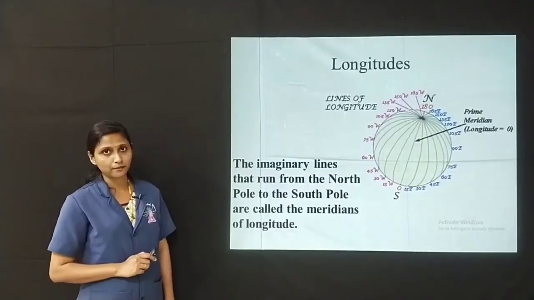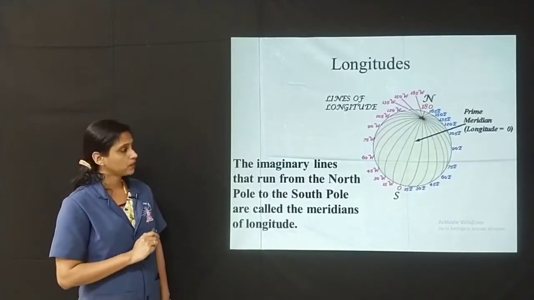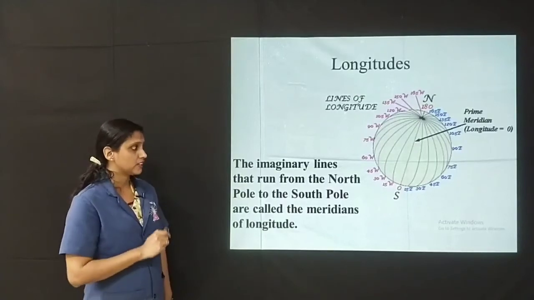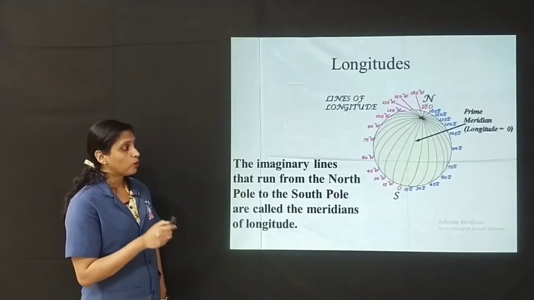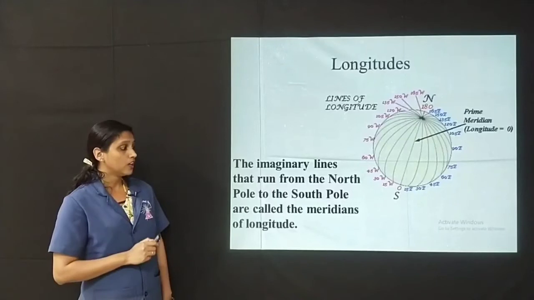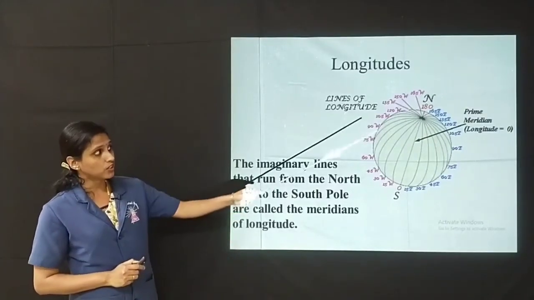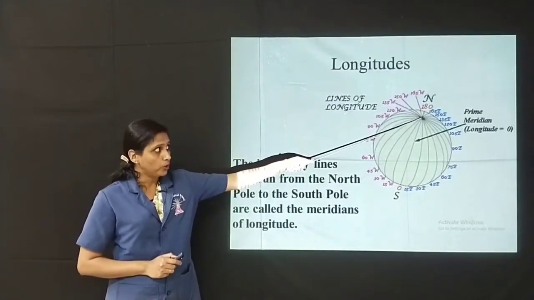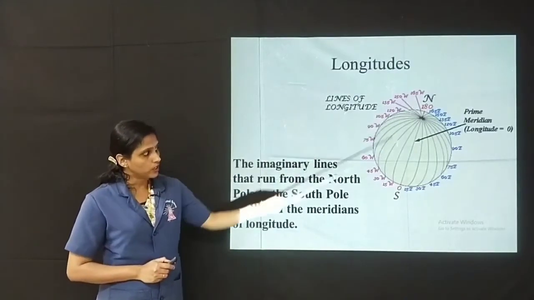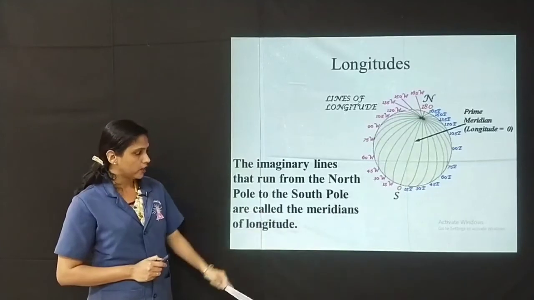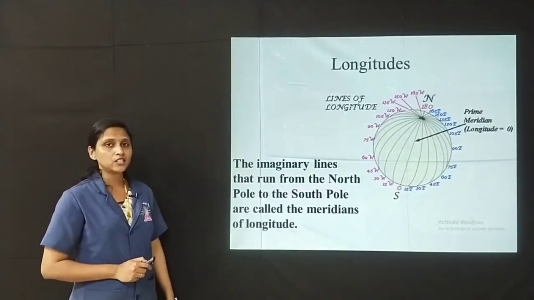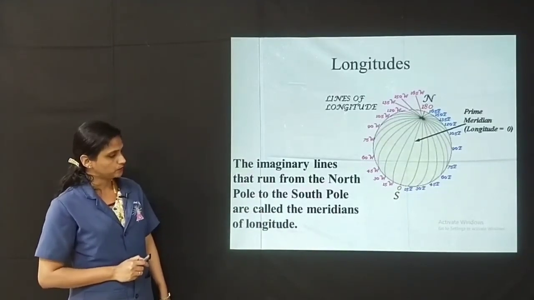Now let us learn about longitudes. The imaginary lines that run from North Pole to South Pole are called the meridians of longitude. So, they are the imaginary lines, they run from North Pole to the South Pole and they are called the meridians of longitude.